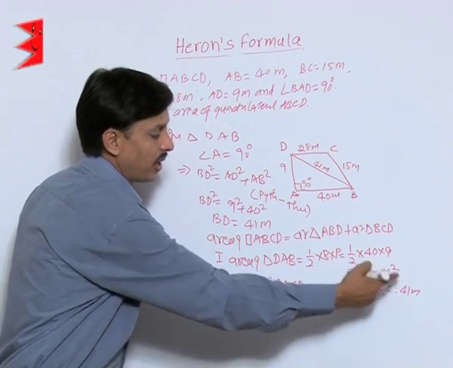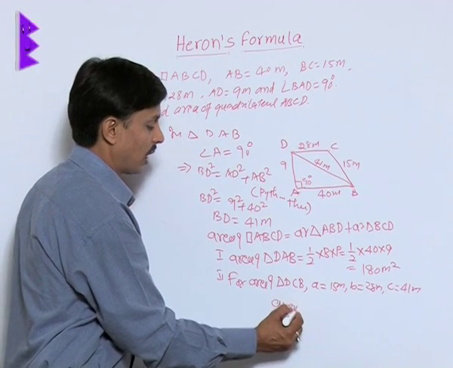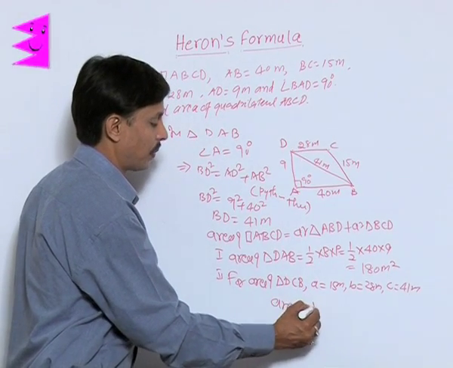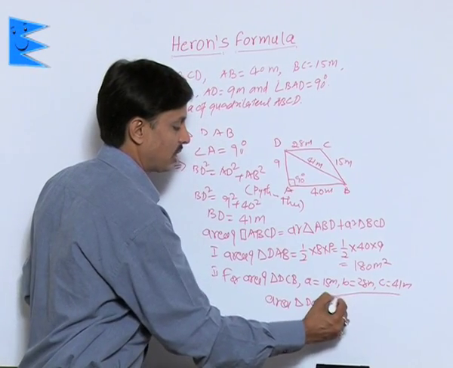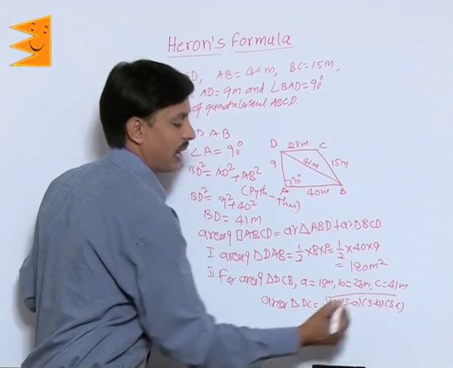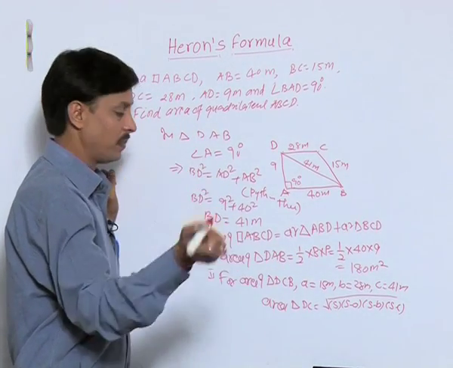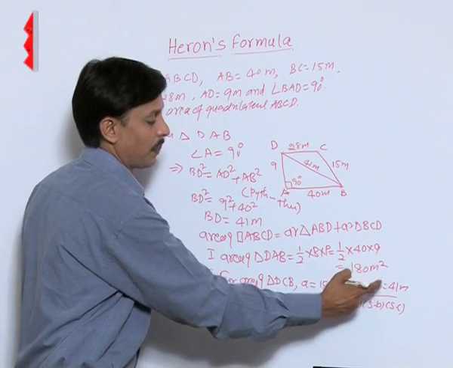If I apply Heron's formula for calculating this area, I am writing here: area of triangle DCB is equal to root of S into S minus A, S minus B and S minus C. S is very much clear as explained in various examples, A plus B plus C upon 2.